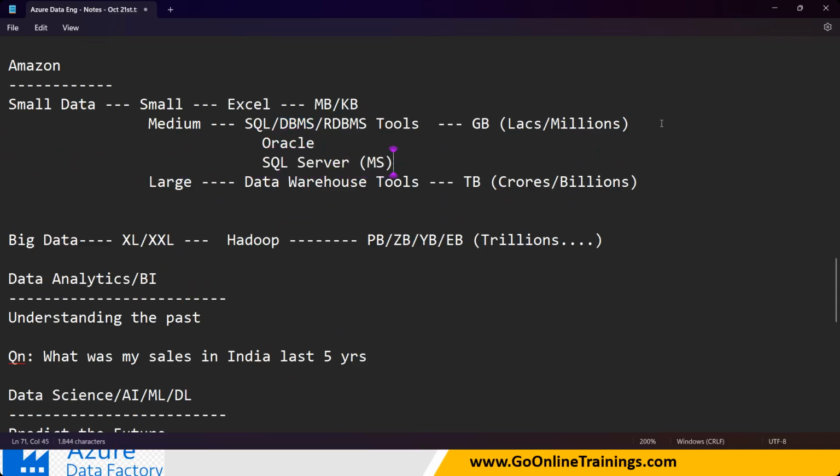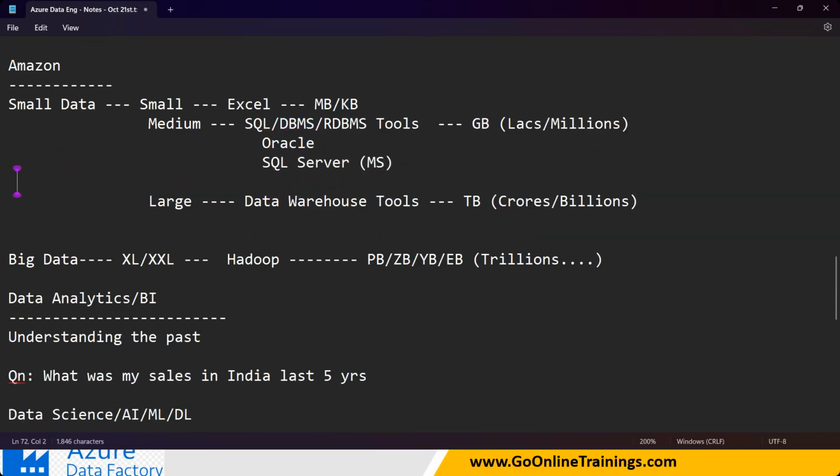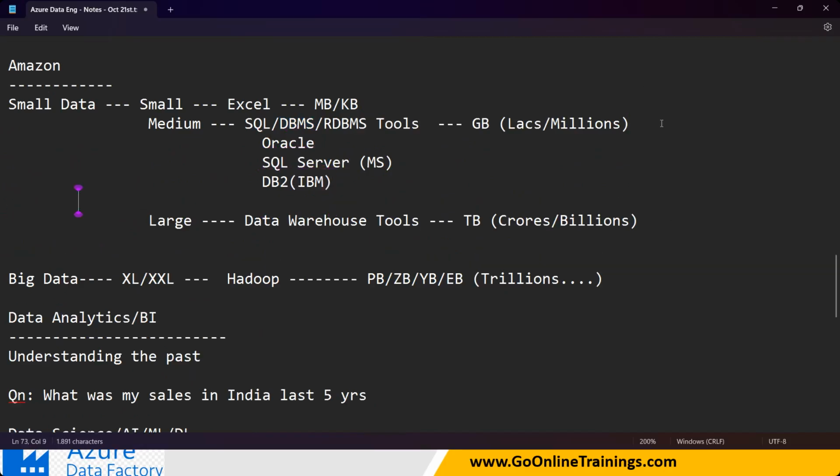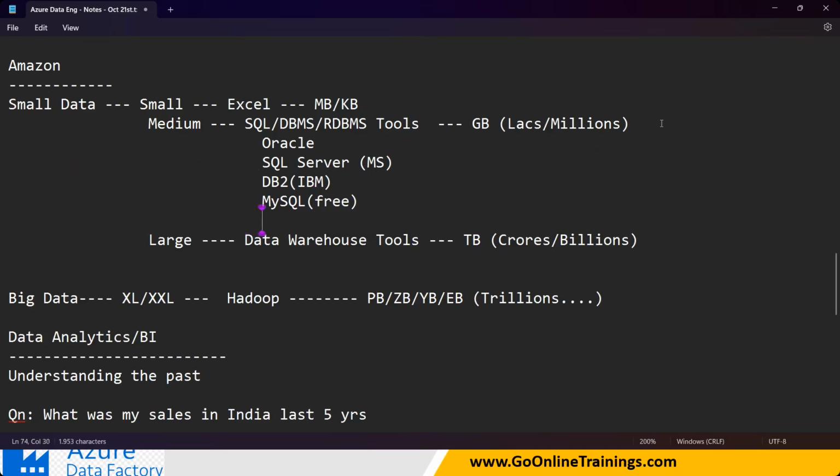Or you may have DB2 from IBM company. This is also one more RDBMS software, or MySQL is one more software, which is a free software from MySQL Corporation, and Teradata.